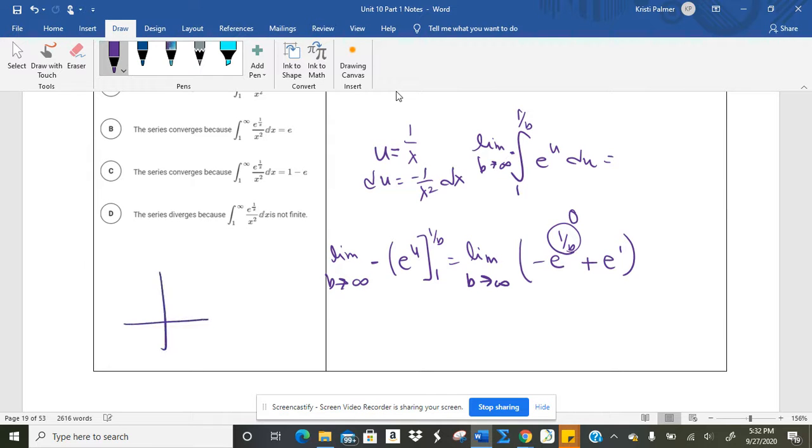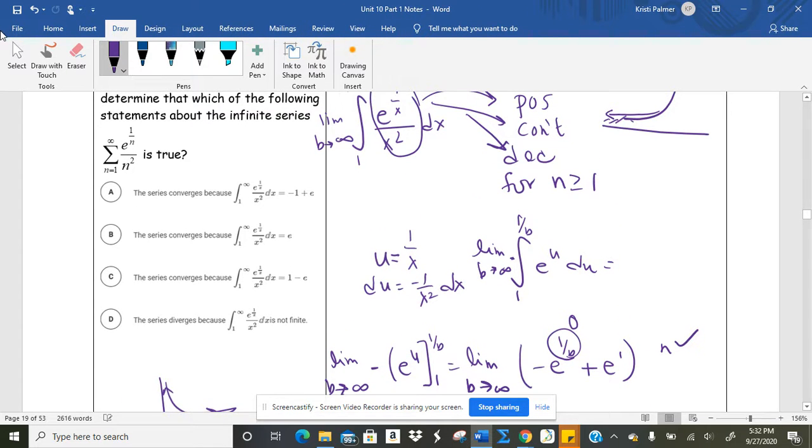You can think about the graph of 1 over x or 1 over b. As I go to infinity, this approaches that horizontal asymptote. Okay, that's the 0. So e to the 0 would be 1 with a negative in front plus e, or e minus 1. Okay. So this is convergent, which means that this also converges.